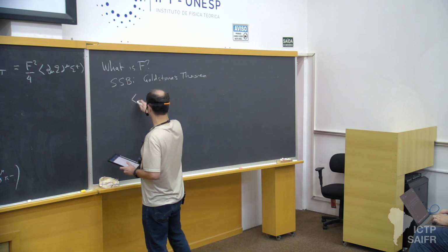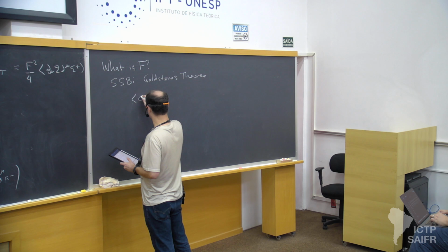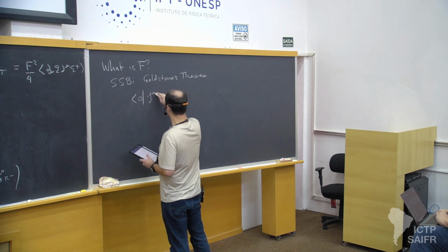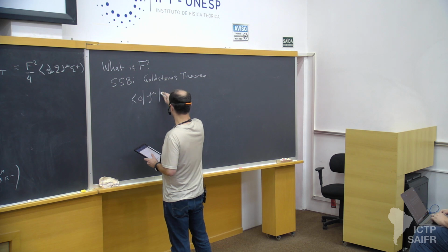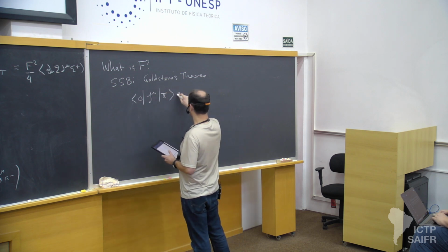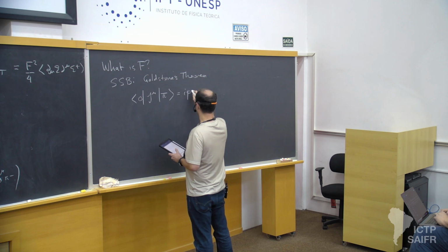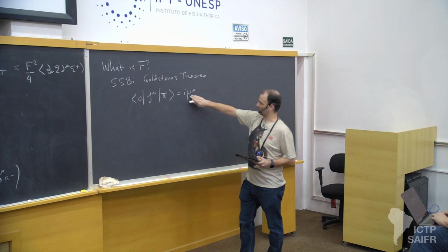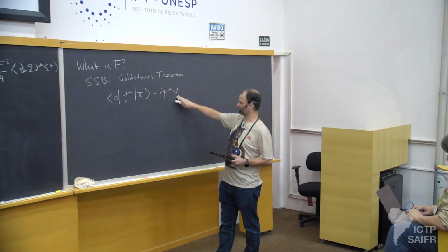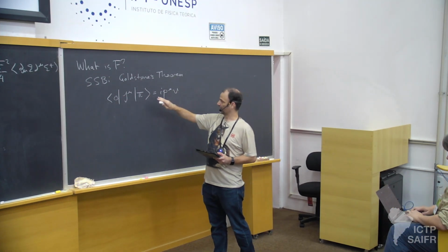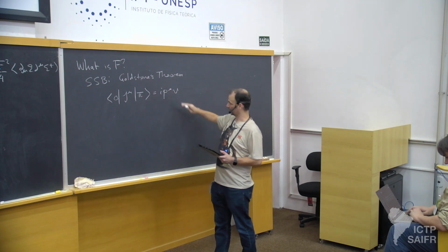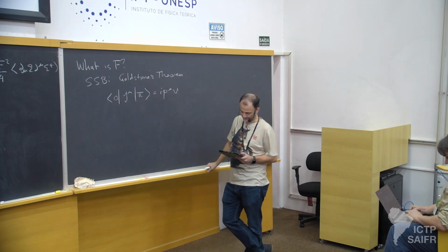So what does that mean? That means we have a vacuum expectation value here, 0. I'm putting in, this means the vacuum. I have some current. I'm not going to specify what it is, other than it's going to talk to one of my Goldstone modes. And this is not going to vanish. In fact, you can show it's going to be equal to the momentum times some constant to make the mass dimensions work out. In this case, I got a dimension 1 for the pion field, dimension 1 for the current, so this V is going to be dimension 1.